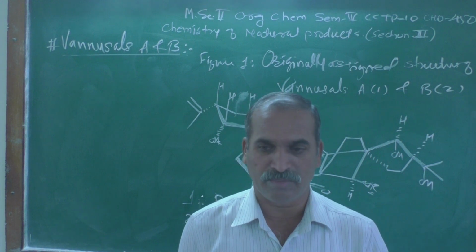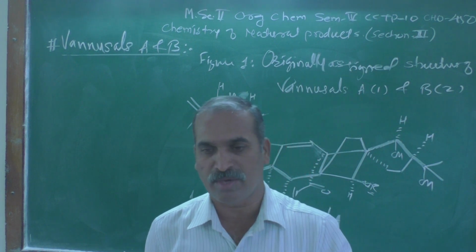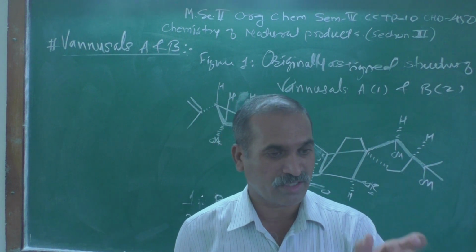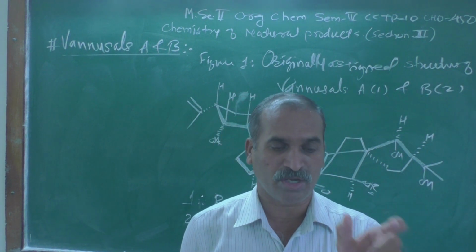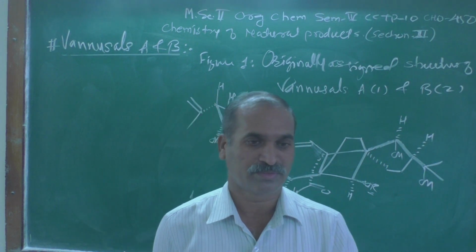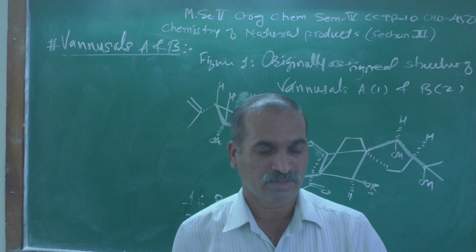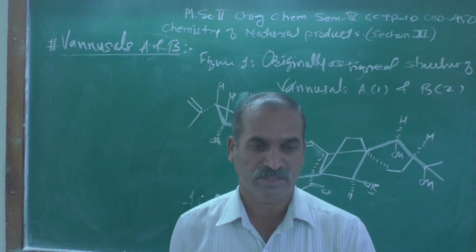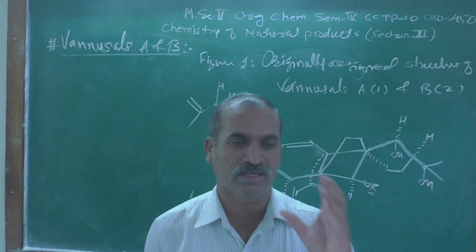From H1 NMR we are getting information about the stereochemistry of the protons, the number of protons in the organic compound, and how they are oriented, from their coupling constants and everything.